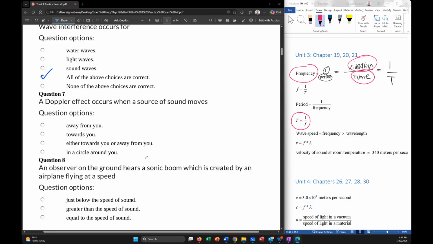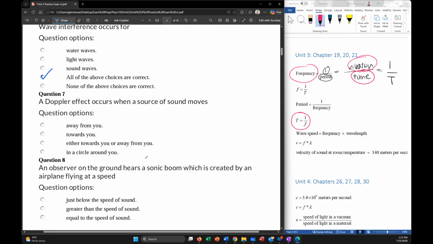While moving away from the sound source, the frequency decreases. Sometimes this happens the other way: the listener stays still and the sound source moves toward or away from the listener. Again, the frequency will change. This is called the Doppler effect.